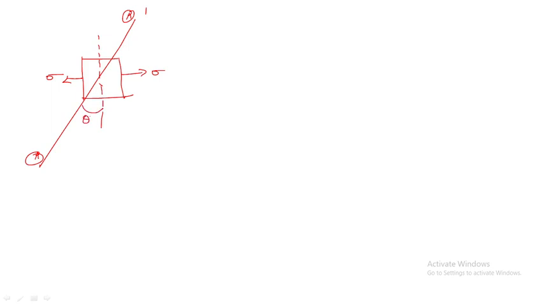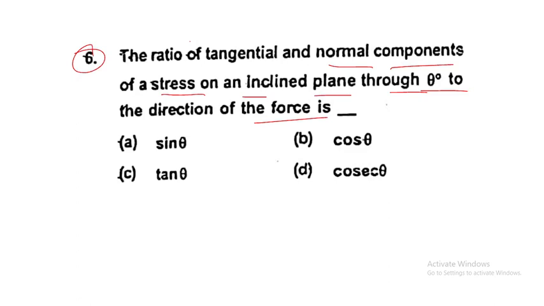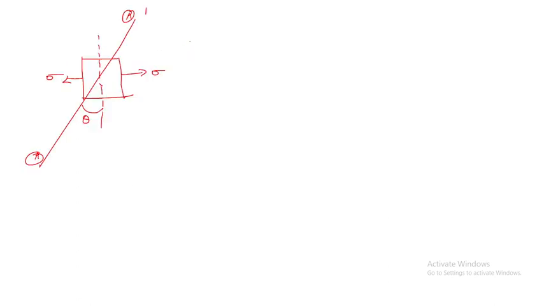Now this is theta. What they are telling in the question is the ratio of tangential and normal component; this is the normal. How does the tangential come?